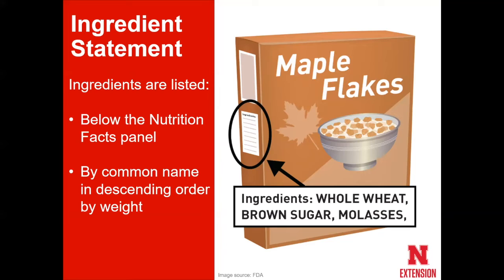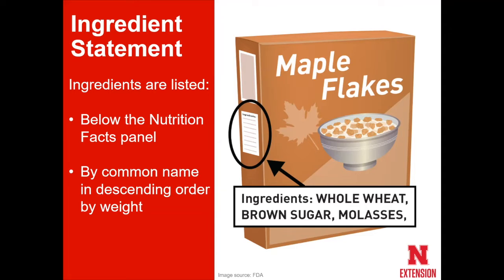So the third item that has to be included on a food label is a statement of the ingredients. The ingredients are listed below the nutrition facts label. The key component of the ingredient list is that it's listed by weight.